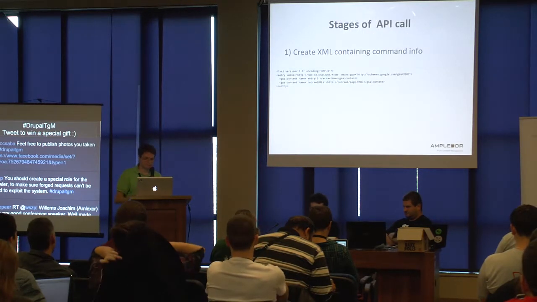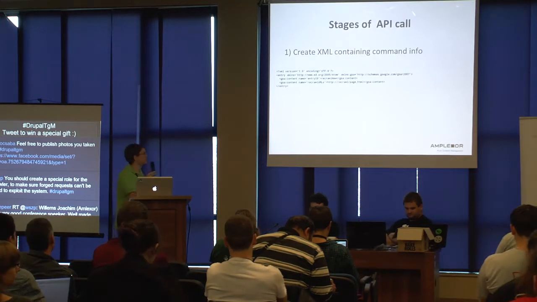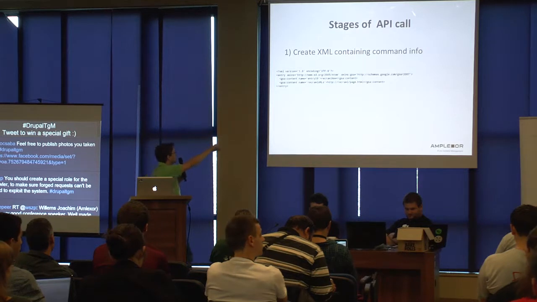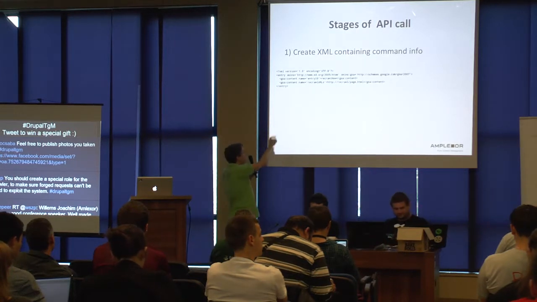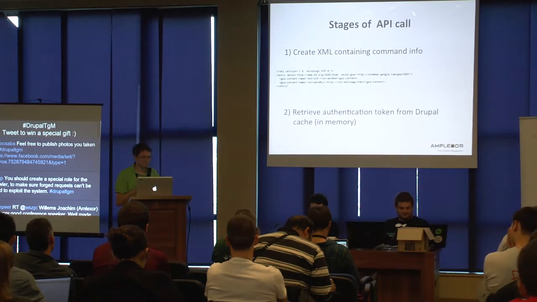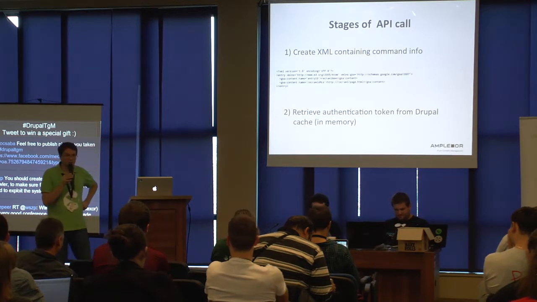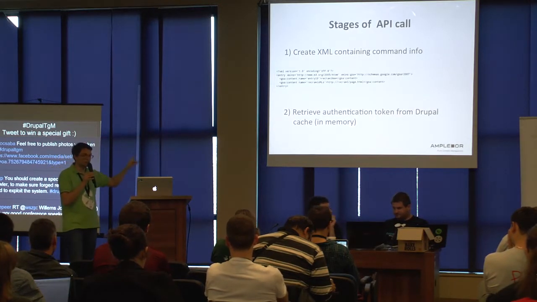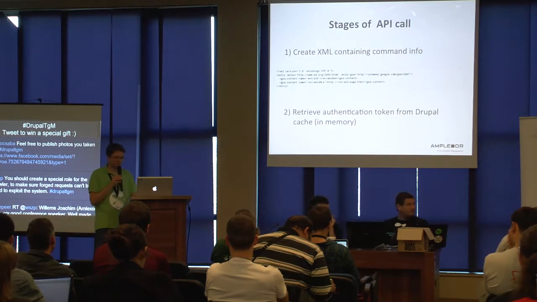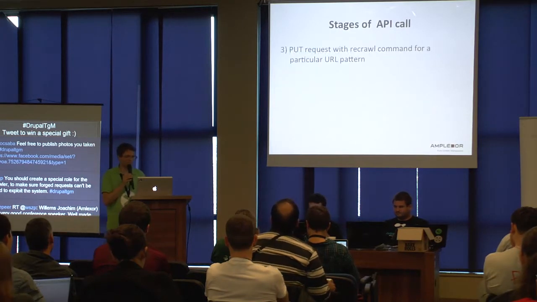Stages of the call: you have to create an XML with a certain instruction in it. For instance, this is telling the appliance to recrawl now certain patterns. As I said, you cannot allow any request to an appliance to do administrative tasks, so you have to authenticate. You have to tell the appliance, I am someone you know about, I can instruct it to, for instance, do a recrawl.